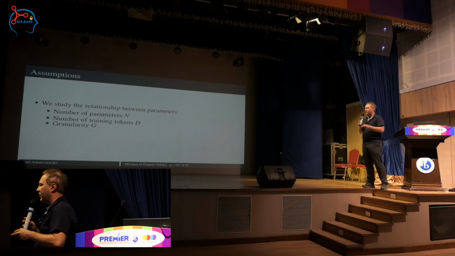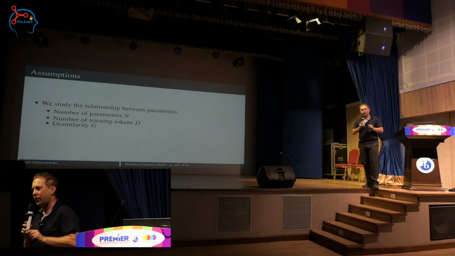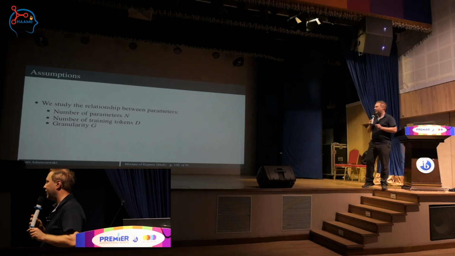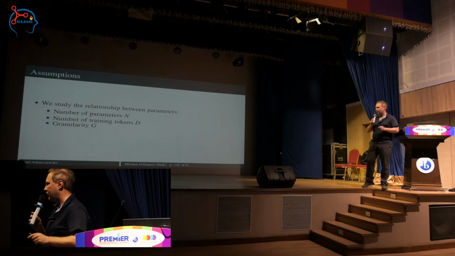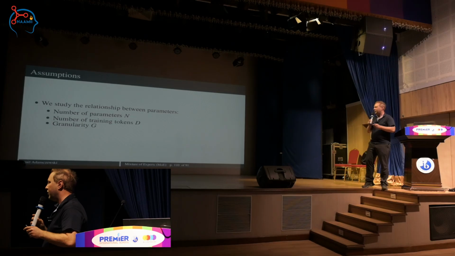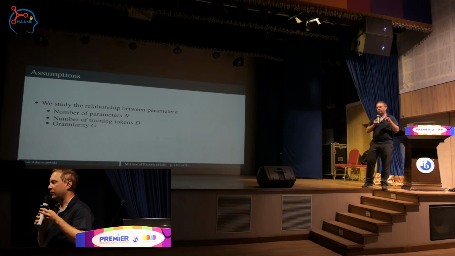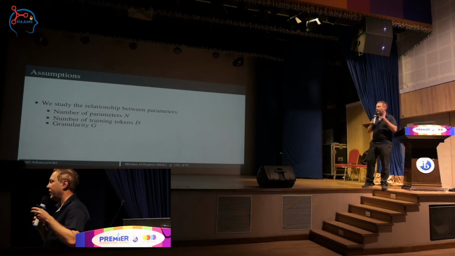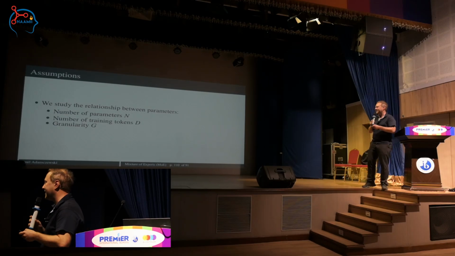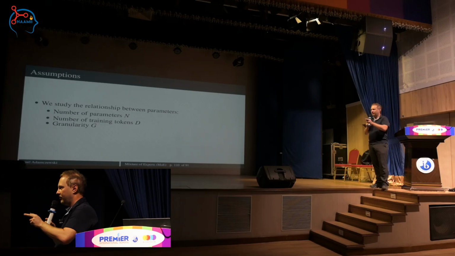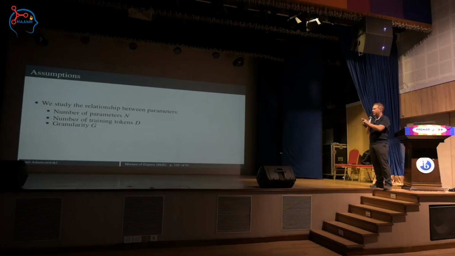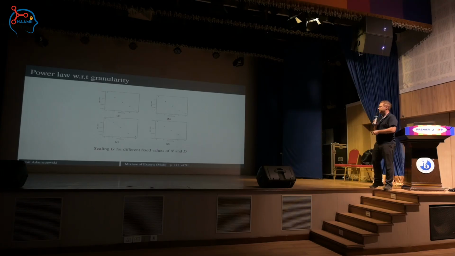But this is the case for granular models. So if we make experts small, we take into account three parameters: the number of parameters, the number of training tokens, and the granularity. Before, the formula had only two. Now we add also granularity.